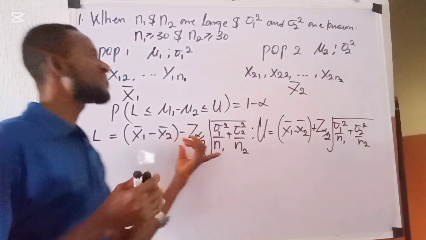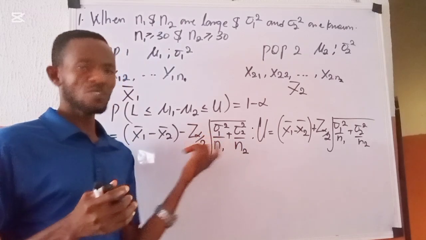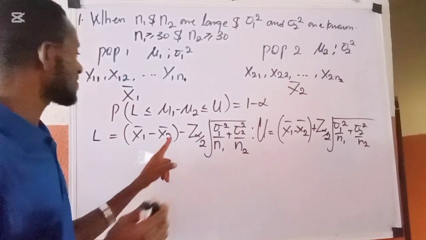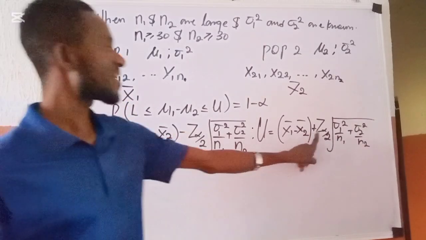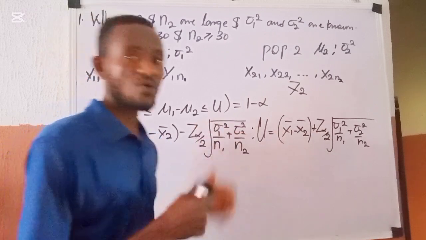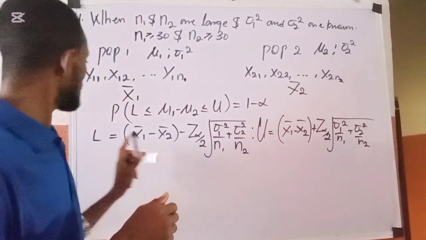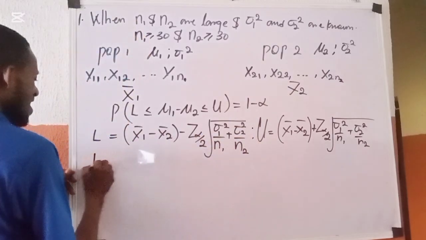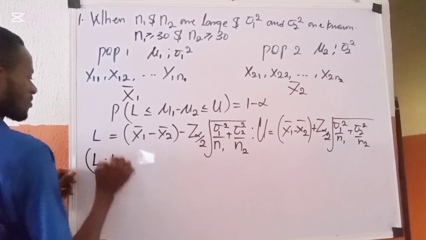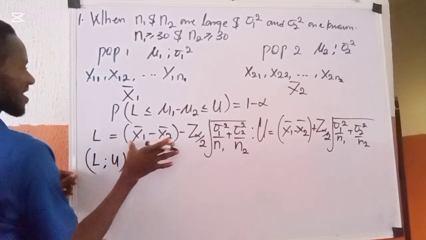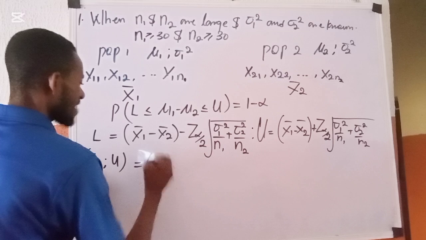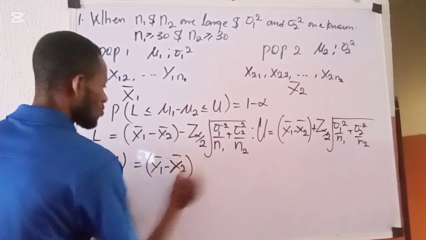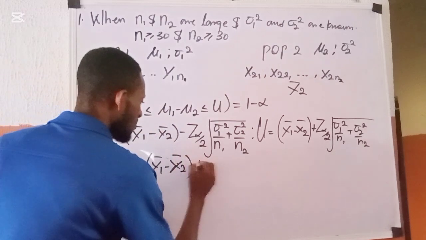There is a way that at times they present this in a textbook, which I want to show you exactly how it is done. The only sign that changes here is this: here is minus and here is plus. So you can easily say that the values of L and U that will satisfy this condition are, you have L, comma U, equals, you open a bracket, X bar 1 minus X bar 2, close the bracket, and you write plus minus.